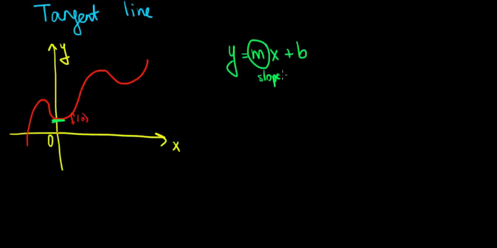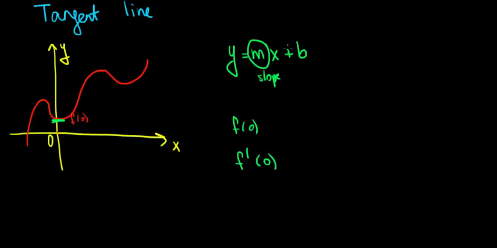So we need f of 0 to have the intercept, and we want to find out the slope, which means we want to know the derivative at the point of 0. This is something that we still have to find out.